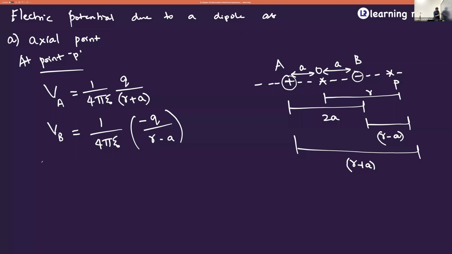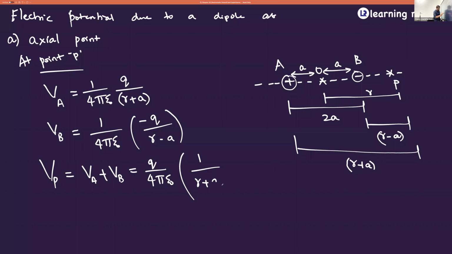So the total potential at point P is VA plus VB, which is 1 divided by 4 pi epsilon naught into q divided by r plus a, minus q divided by r minus a. Q is common, multiplied with 1 by r plus a minus 1 divided by r minus a. Is the point clear?